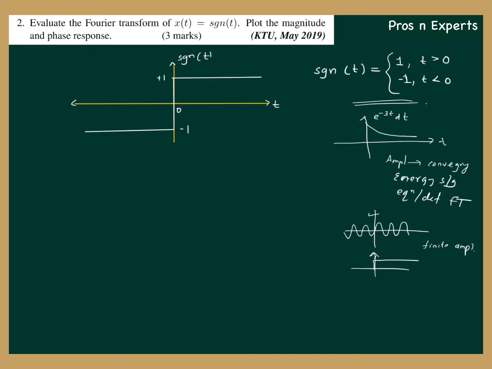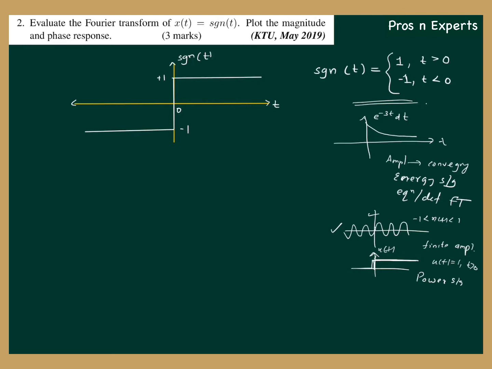In this case it will be minus 1 less than x(t) less than 1. In the case of u(t), the amplitude is always 1 for positive t. So these signals are power signals. A periodic signal is always a power signal. The signal u(t) is a power signal. We have seen it in the Part A videos.